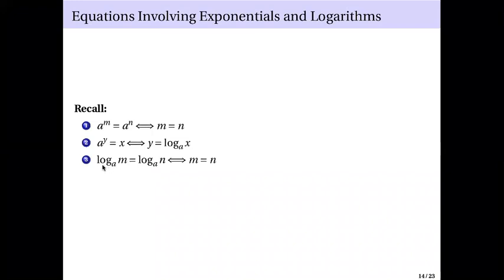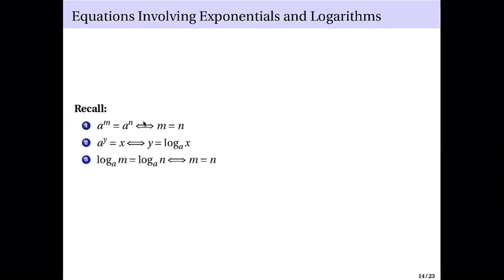And then in here, if you have log m with base a equals log n with base a, then m and n must be equal. Of course, if m equals n, you take the logarithm of the left-hand side, that is equal to the logarithm of the right-hand side. So we still have if and only if in here.